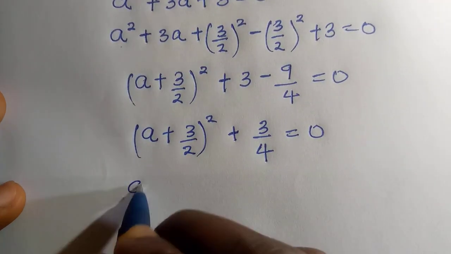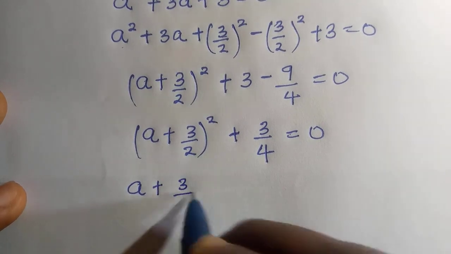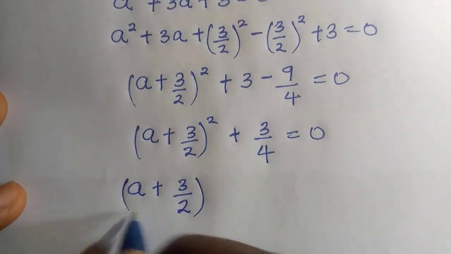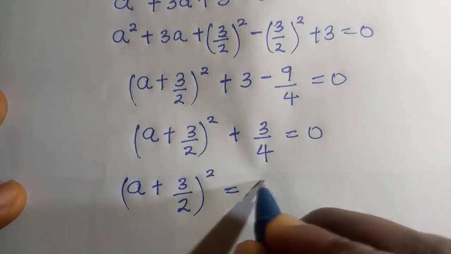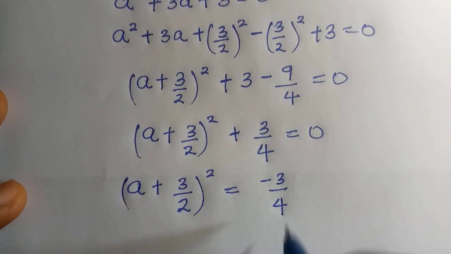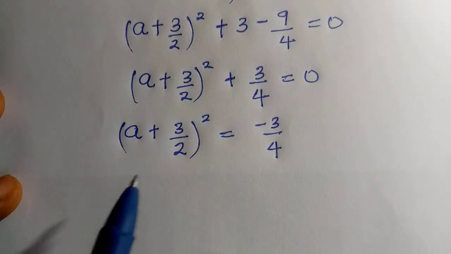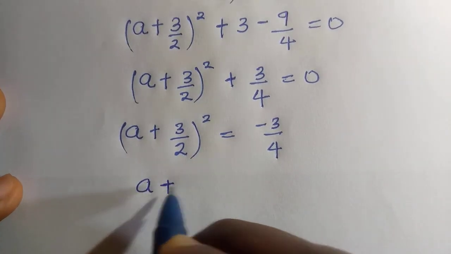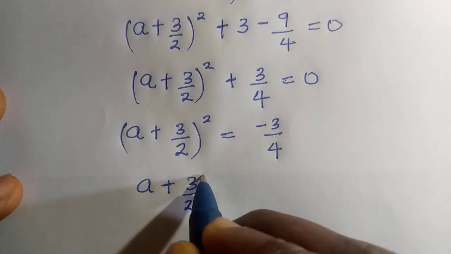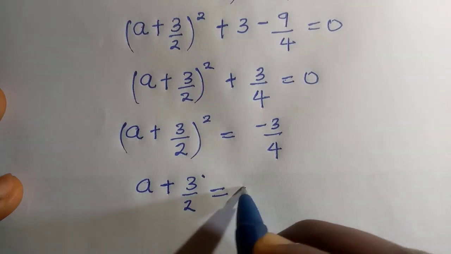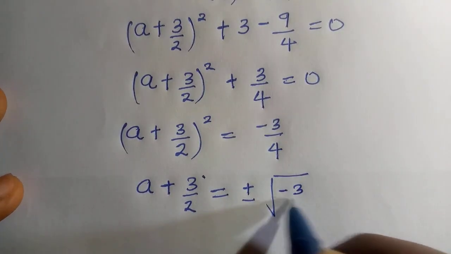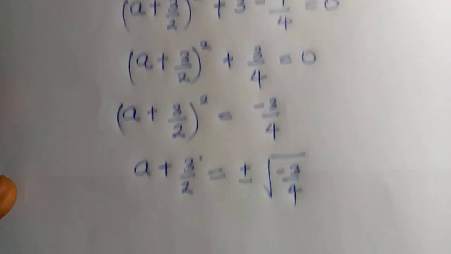So with this one, we have (a plus 3 divided by 2) raised to power of 2 equals minus 3 divided by 4. So when we take the square root of both sides, we have a plus 3 divided by 2 equals plus or minus square root of minus 3 divided by 4.